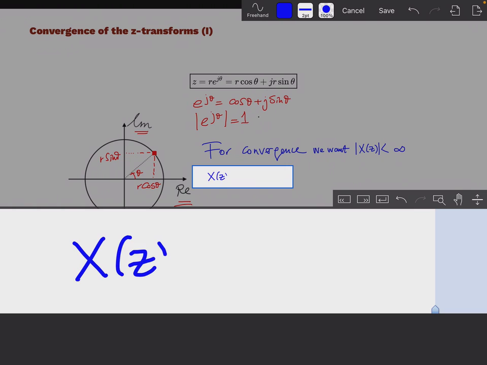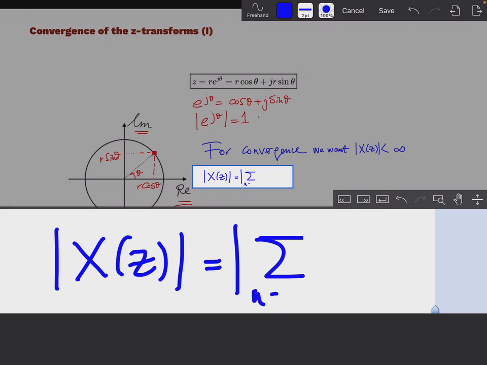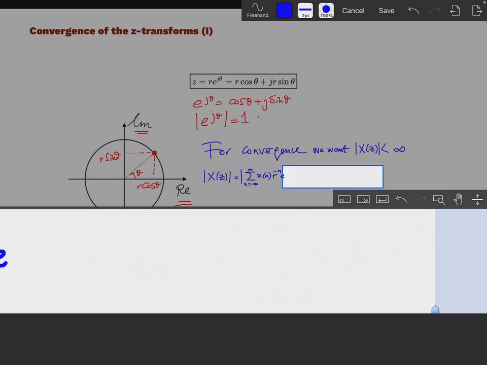Absolute value of x of z, we're going to write the direct z transform for any x of n. And we're going to use both lower and upper bounds as minus and plus infinity, x of n, r to the power minus n, e to the power minus j n theta.